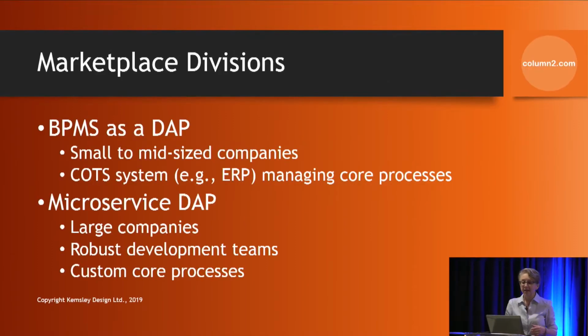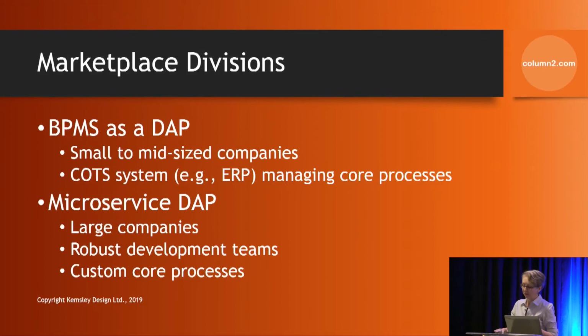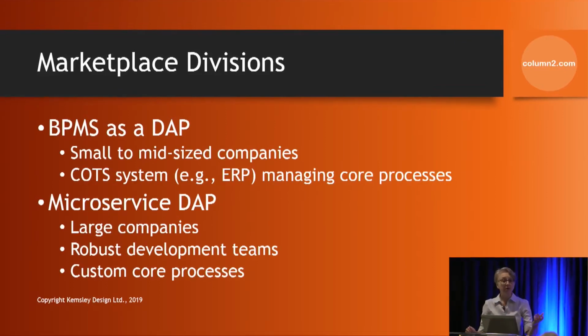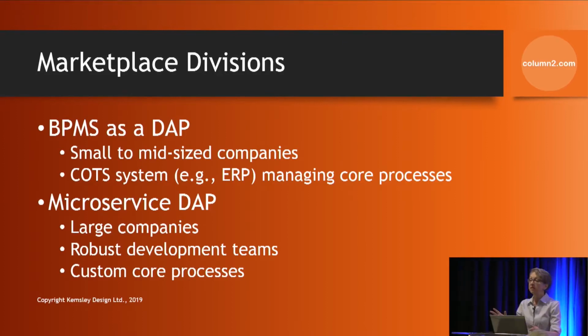So let's start with not so much marketplace division, but more about how this can get divided up, or how it gets done within organizations. Now, I said earlier you might not want to use a BPMS as your DAP, but there are situations where it works. Small to mid-sized companies might have a commercial off-the-shelf system like an ERP system or Salesforce managing their core processes.